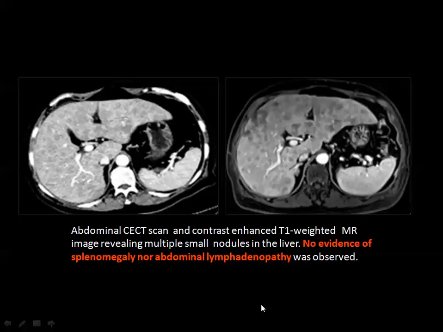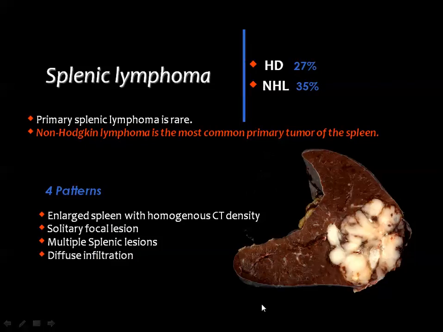In splenic lymphoma, Hodgkin disease represents about 27%, non-Hodgkin is about 35%, and there are 4 patterns of lymphoma in the spleen. Enlarged spleen with homogeneous CT density, solitary focal lesion, multiple splenic focal lesions, or diffuse infiltration of the spleen.